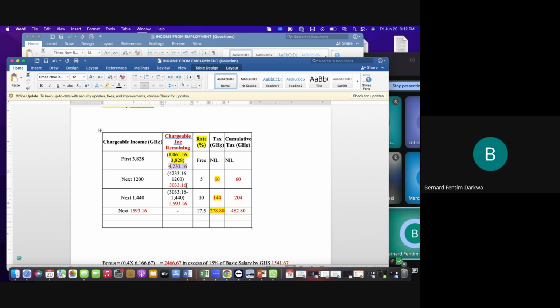We can't go to the next level again. But it's progressive. We say pay as you earn. There are ranges. When you are calculating income tax, you don't want the tax burden to be so much on the person. If the money is big and you calculate the tax at once, taxpayers suffer more than when they are taxed bit by bit.